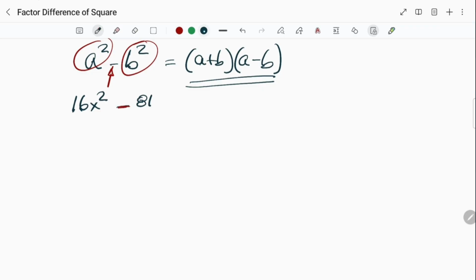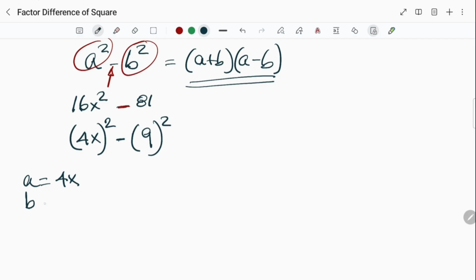Let's check if the first term we can transform into an expression with the square, and the second term the same thing. That means a could be equal to 4x, and b could be equal to 9.